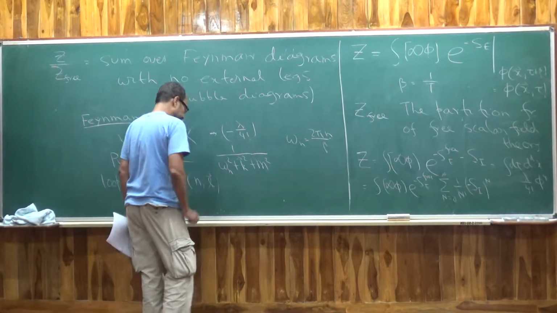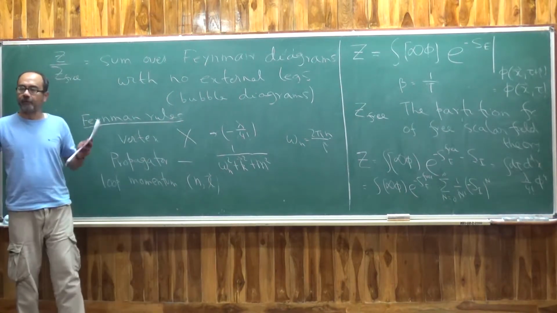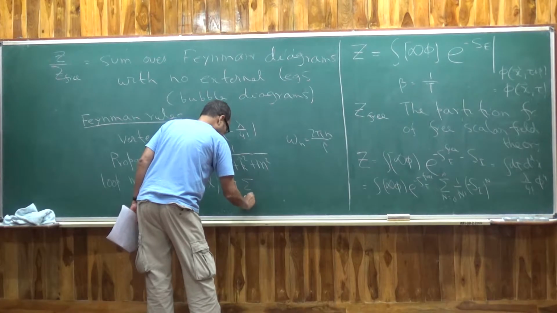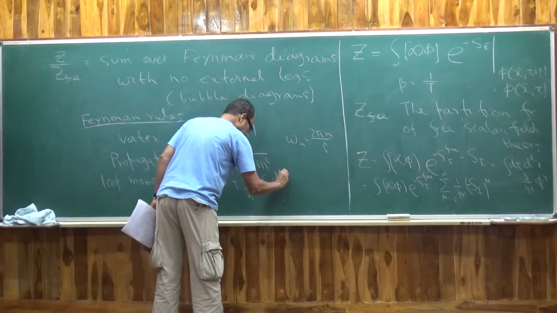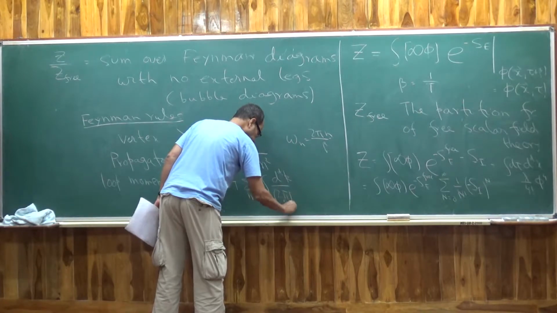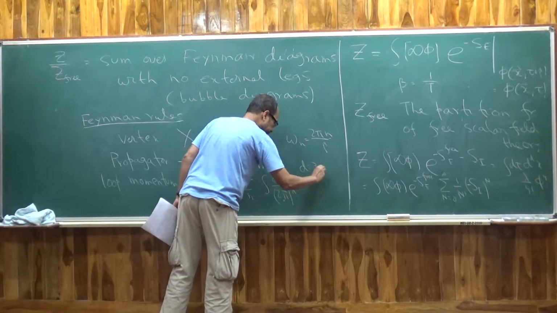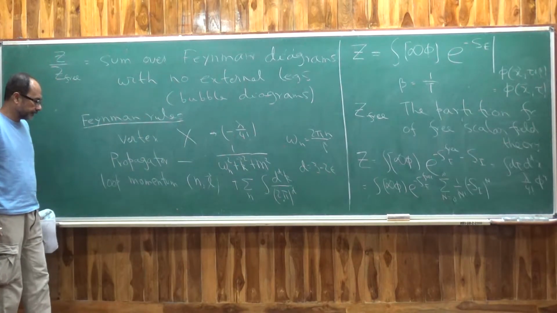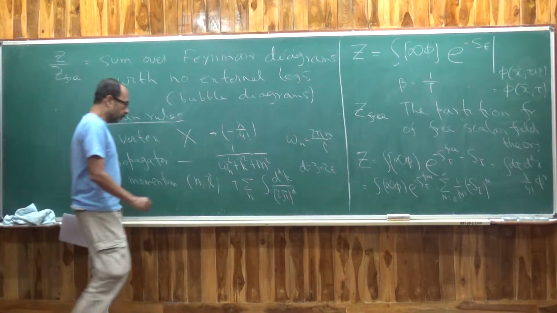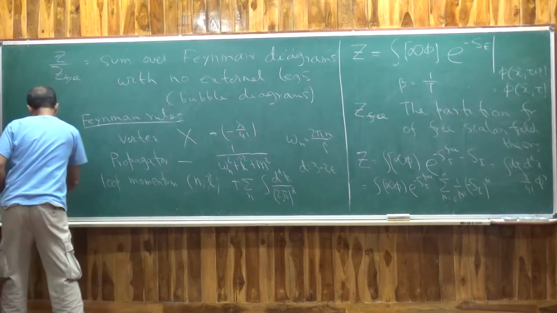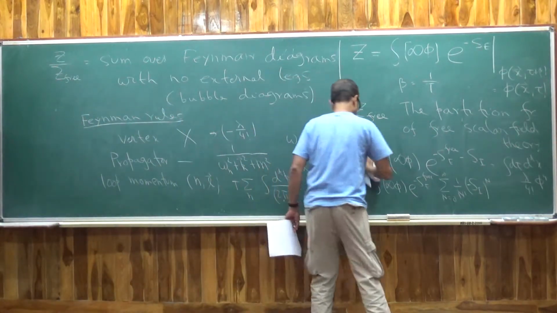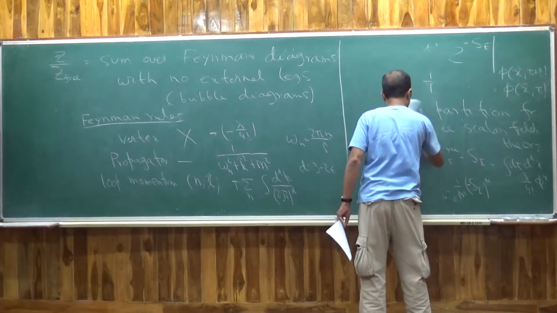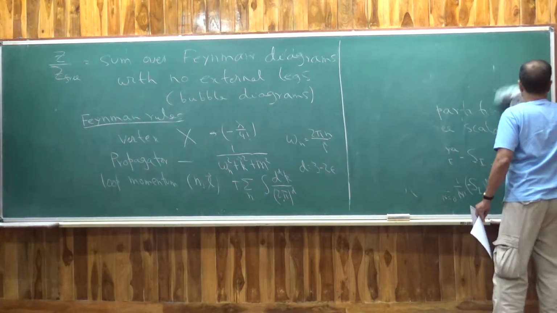The loop momentum integral, which you normally write as integral d^4L over (2 pi)^4, will be given by T times sum over n integral d^dk over (2 pi)^d, where d will be taken to be 3 minus 2 epsilon as before, because we have to regularize all of the integrals. This basically follows from the fact that when you discretize the zero component of the momentum, this is what appears.